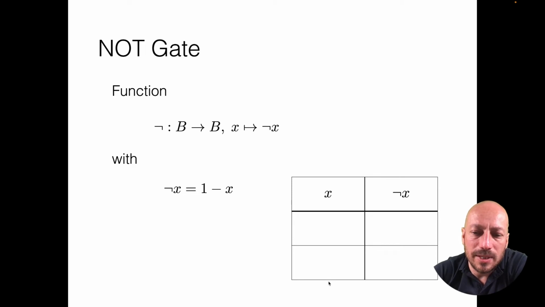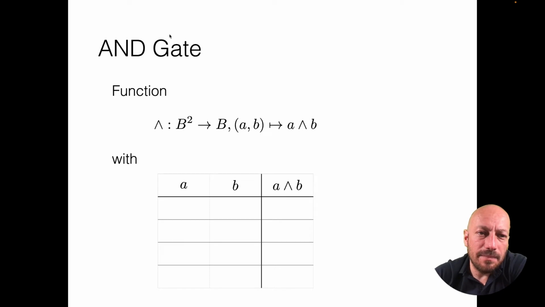We only have 2 rows here because we only have 2 possible values of x. And then in the second column, I show the mapping, the value of the function. So for example, here I would say 0 gets mapped to 1 and 1 gets mapped to 0. And this table and this formula are equivalent to each other.